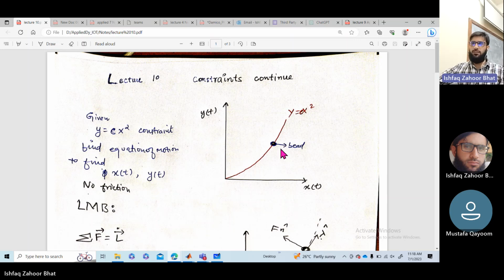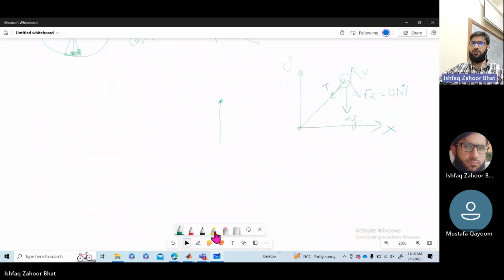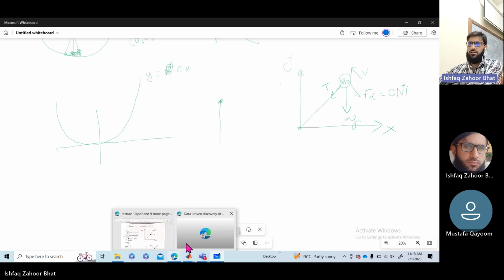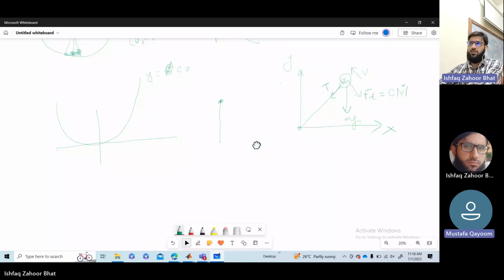This is a very nice problem, because you can visualize it in various ways. Let us think of y equal to x square, that is, y equal to cx square.